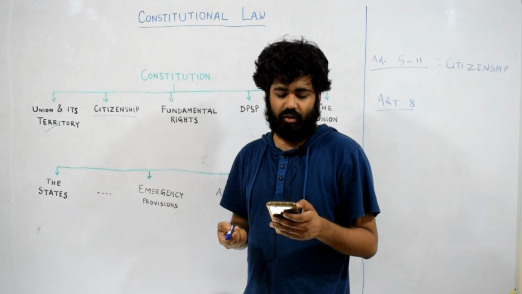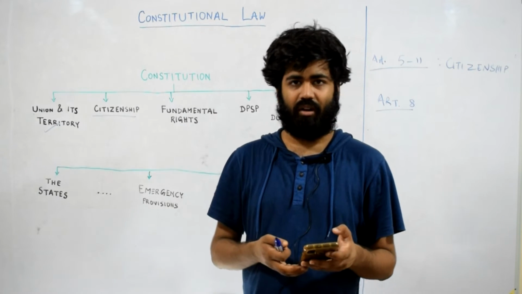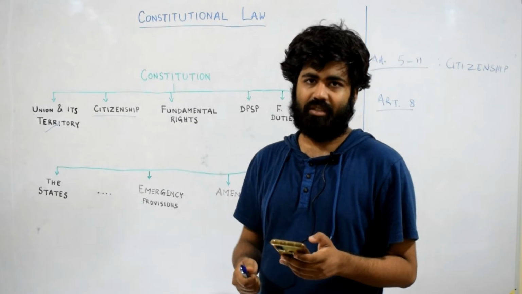What was Article 5? Article 5 was anyone who was born or whose parents were born or has been living for not less than 5 years in the territory of India when the constitution commenced shall be a citizen of India.